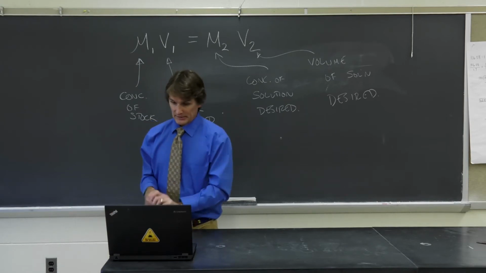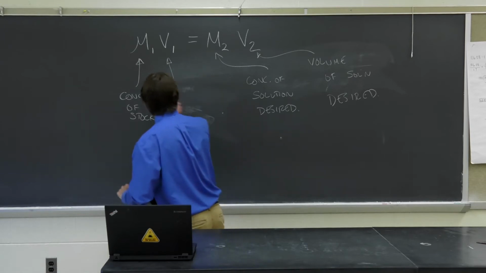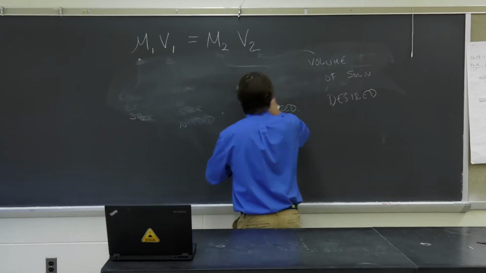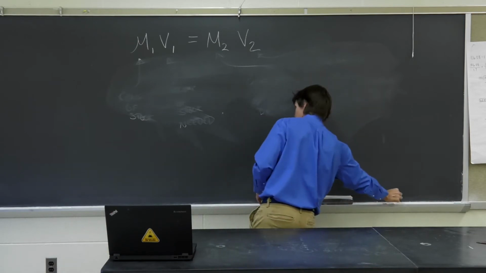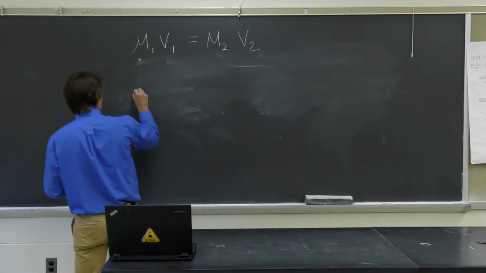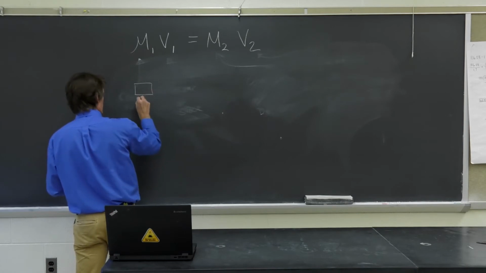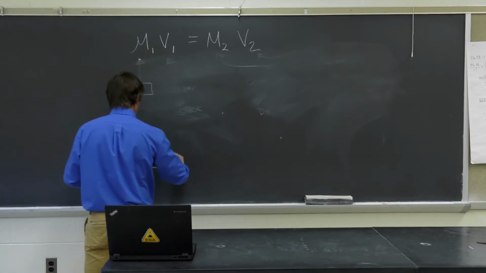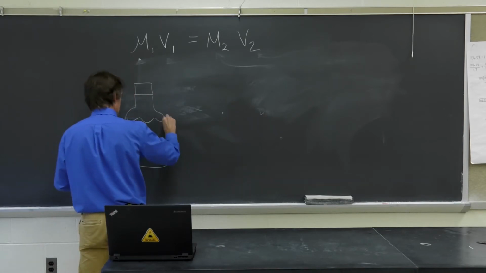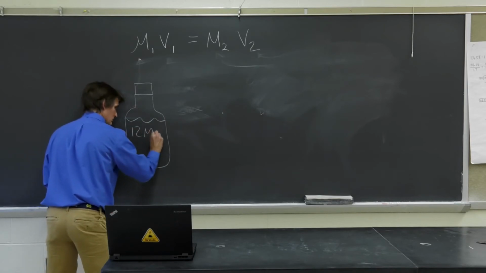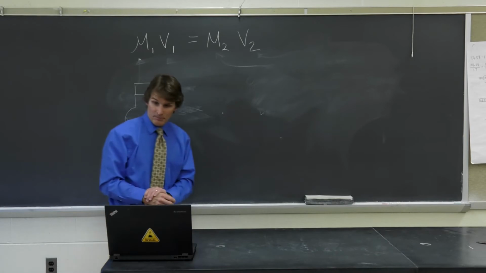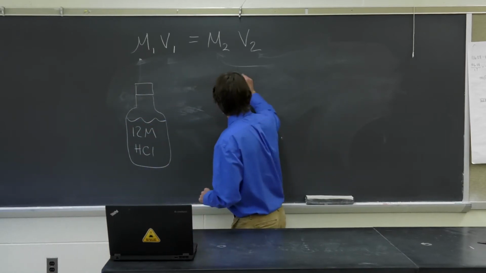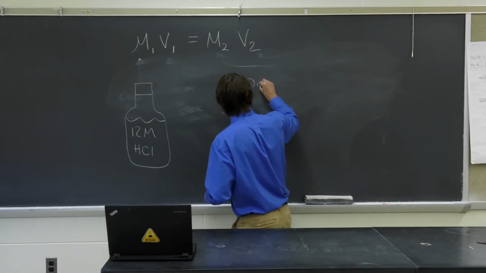It says concentrated hydrochloric acid is 12 molar. So we've got a stock solution that's, just draw the bottle here. This is our stock. And it's 12 molar hydrochloric acid. And we want to make a solution that's 500 milliliters.